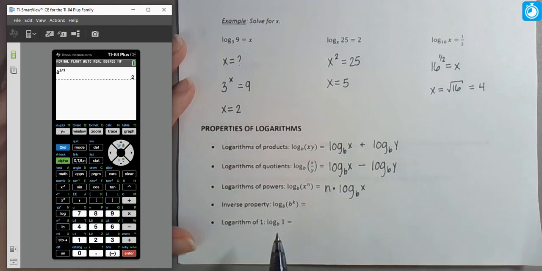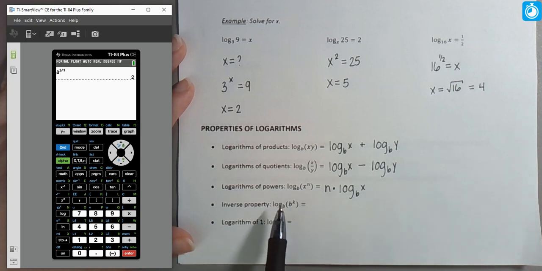Now the inverse rule, this is essentially going to tell us how an exponential and a logarithm negate one another. So if we multiply and then divide by the same number, essentially the idea is that everything cancels out. If we add and subtract the same number, everything cancels out. The same kind of thing happens when we apply both a logarithm and an exponential.